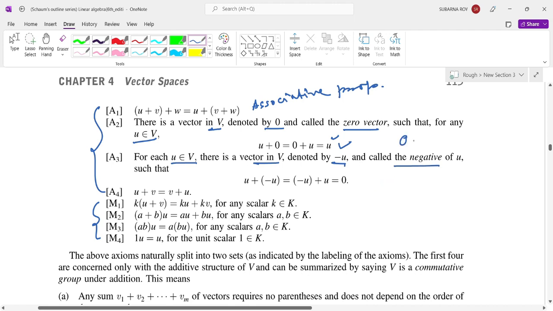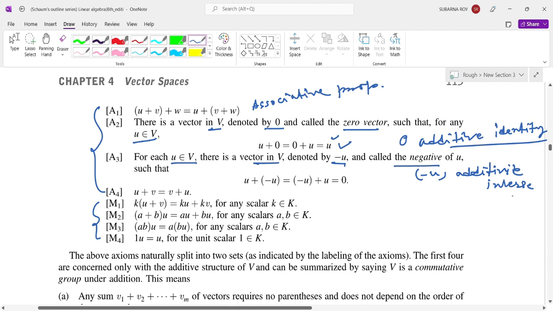Here 0 is called the additive identity element, and this minus u is called the additive inverse of u. So for each u, there exists an additive inverse of u in V, called minus u, such that u plus (minus u) equals 0, that is the additive identity element.